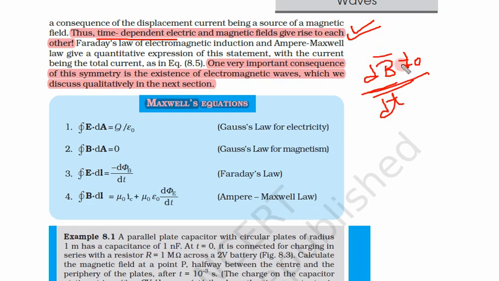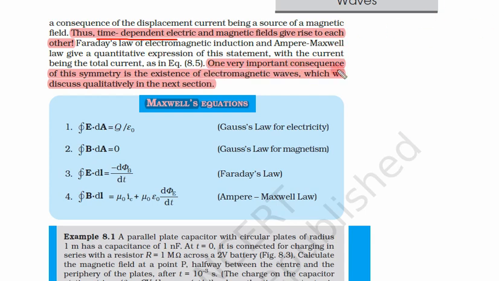That means dB by dt must not be 0, or dE by dt must not be equal to 0. Only then we get these inverse fields. If B is constant, then the differential is equal to 0. If E is constant, then again the differential is 0. In that case we don't get a magnetic or electric field. These must be varying with time.